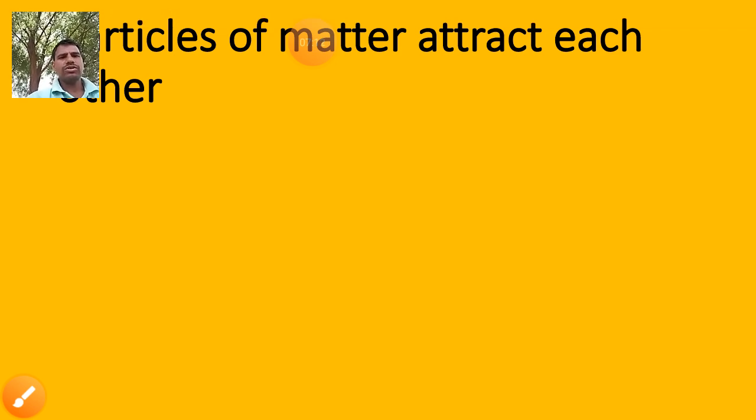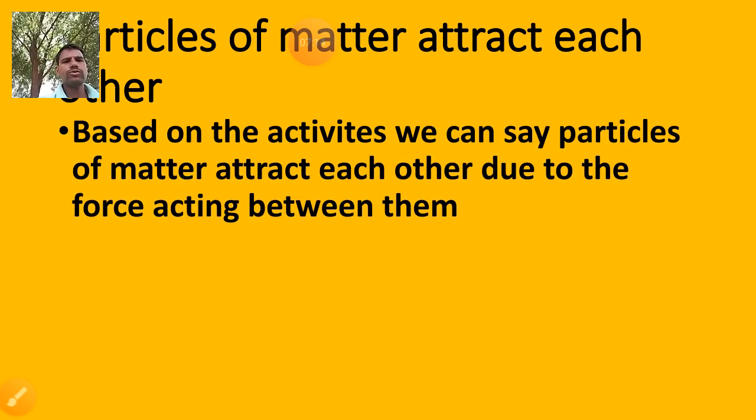Here are some conclusions. So the first conclusion is the particles of matter attract each other due to the force acting between them. There is a force between the particles of matter that is holding them together.